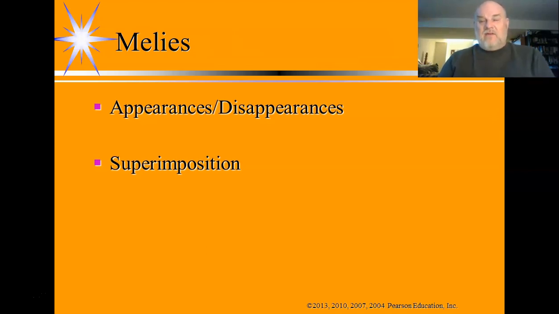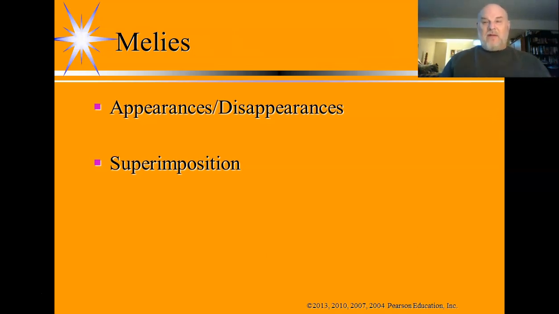Méliès also had an interesting accident happen. He was capturing some footage, didn't realize it, but he'd actually rewound some film through the camera and exposed the film twice. And when he developed the film, it looked as if there were transparent ghosts walking around all over the screen.